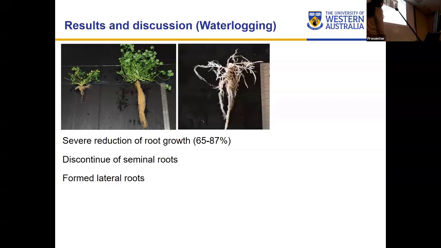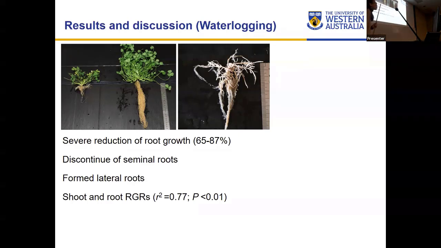The picture here shows the decay of the seminal roots and the development of new lateral roots under the waterlogged condition. There was a high positive correlation between shoot and root growth, showing that these newly formed lateral roots became the main functioning roots under the waterlogged condition.